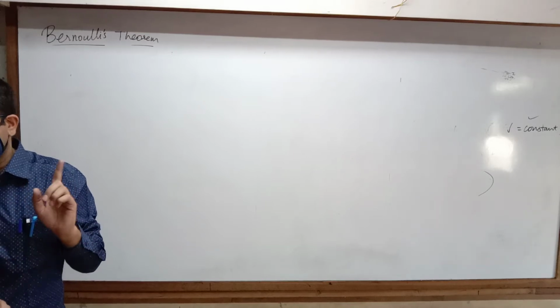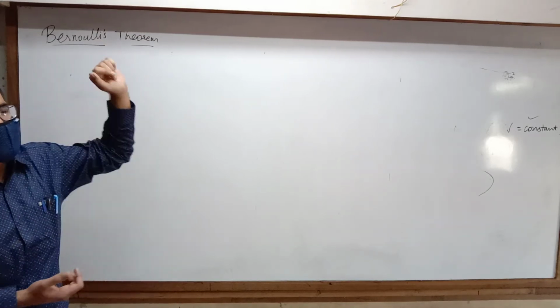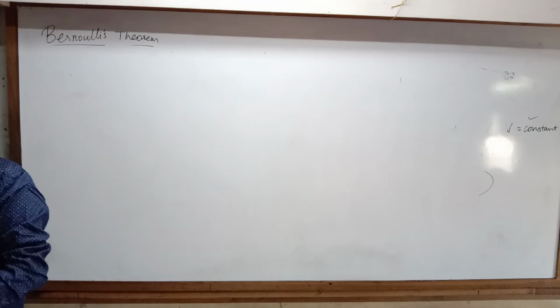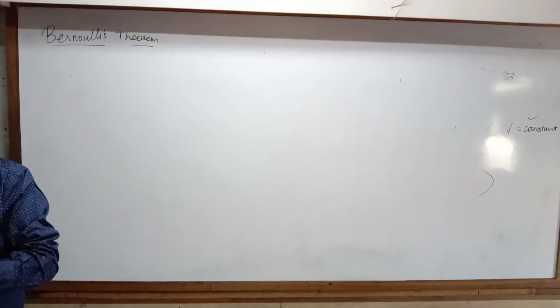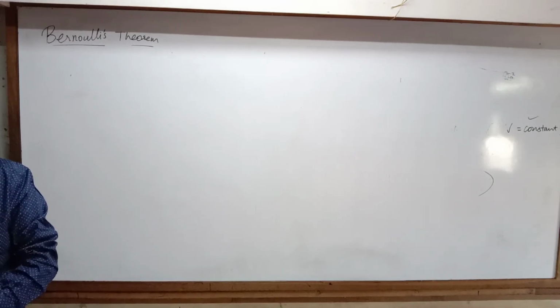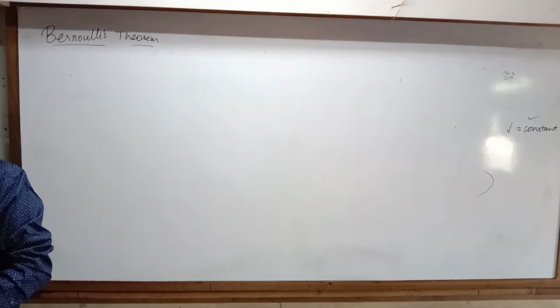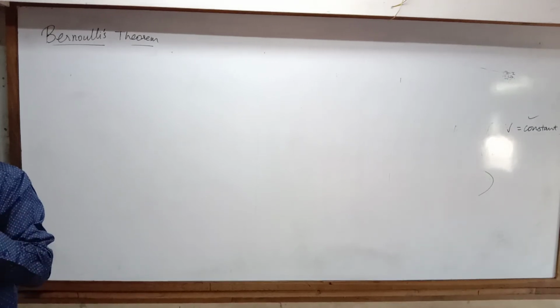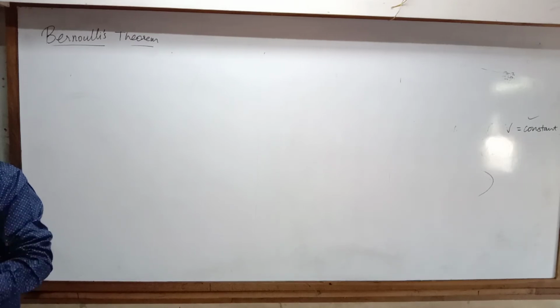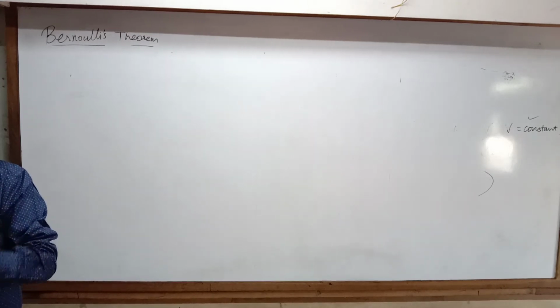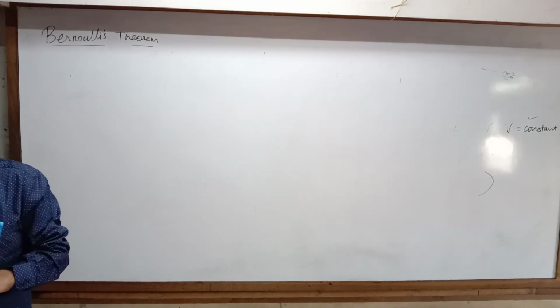For example, this Bernoulli theorem is going to start with the work energy theorem. If you don't know the work energy theorem, then we will only have to memorize it. At least learn chapters 2 to 6. Alright, you have the notes, you have to read them. Read them two or three times, and if you don't understand, ask me. I'm not going to refuse you. I'm making it very clear.